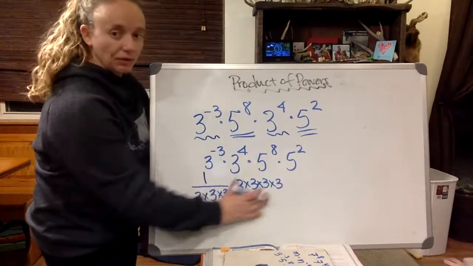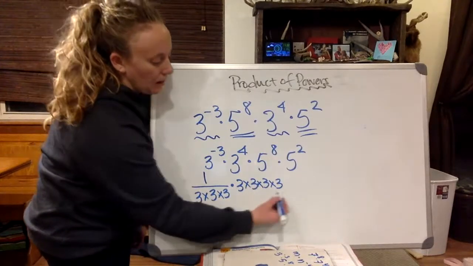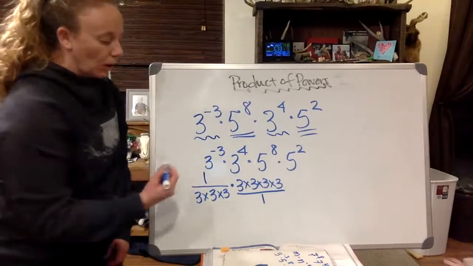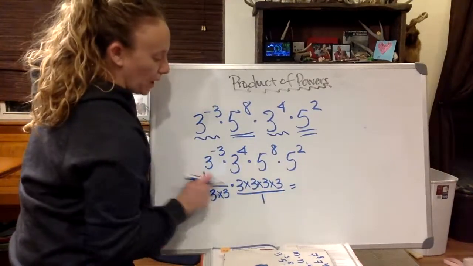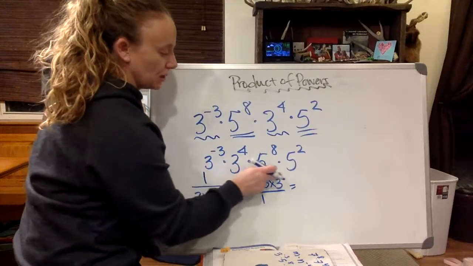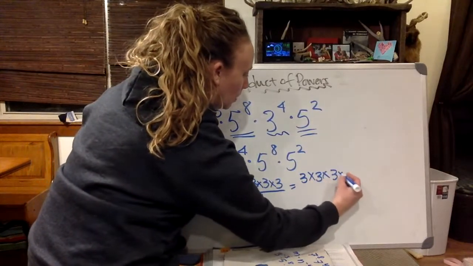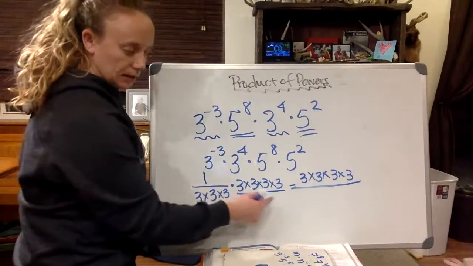I'm just going to simplify this here. Technically every single one of those numbers is over 1. So if I were to simplify just this, I get 1 times 3 times 3 times 3 times 3 over 3 times 3 times 3 times 1.